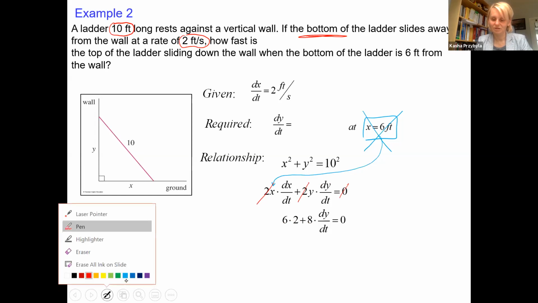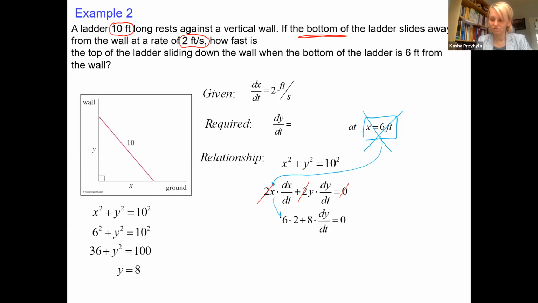The x is 6, dx/dt is 2, y is 8, and we're looking for dy/dt. I divide each term, both sides of the equation, by 2. Now, can you calculate for me what will be dy/dt?